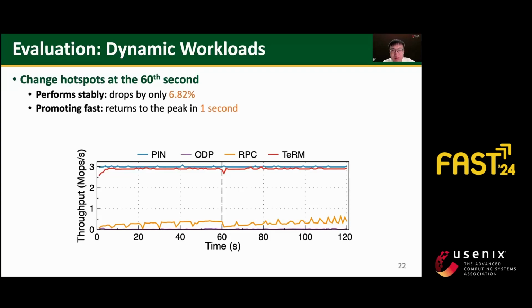We can see that TeRM outperforms ODP and RPC approaches significantly. Meanwhile, TeRM is very stable. After the hotspot change, it drops by less than 7%, and it returns to the peak in 1 second.